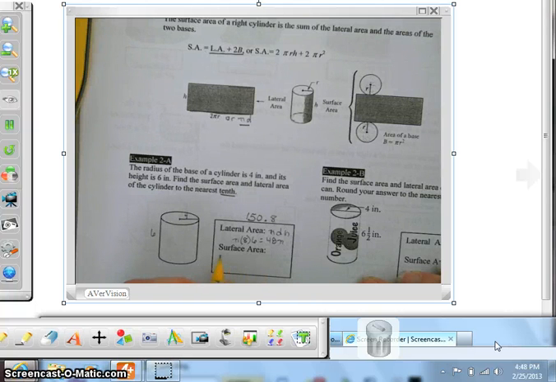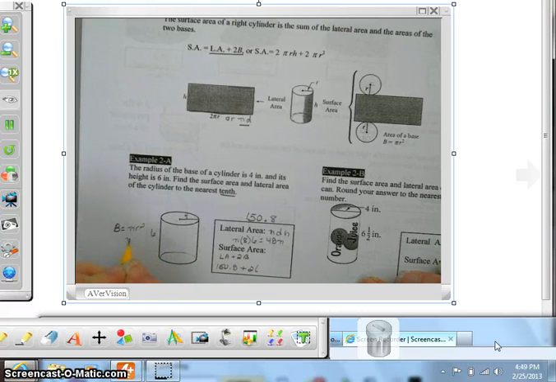Surface area is lateral area plus 2 times the base area, because you have 2 bases. So we have 150.8 plus 2 times the base area. Let's go over to the side and get the base area. Your base is a circle, so it's pi r squared.